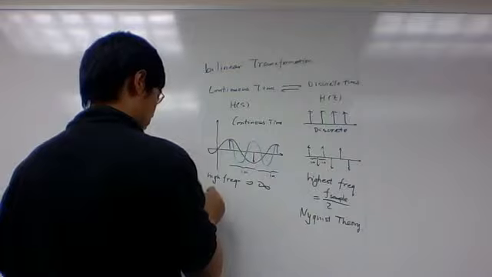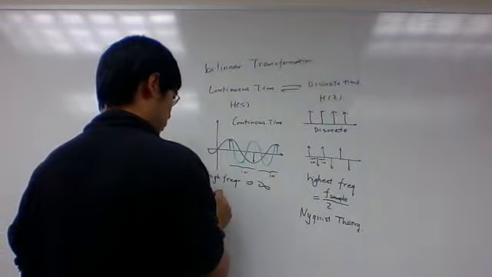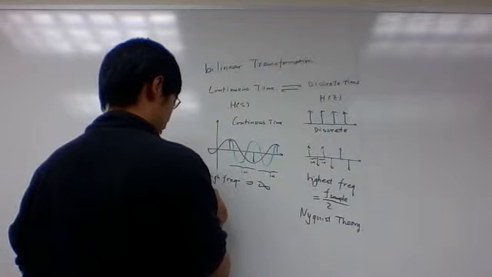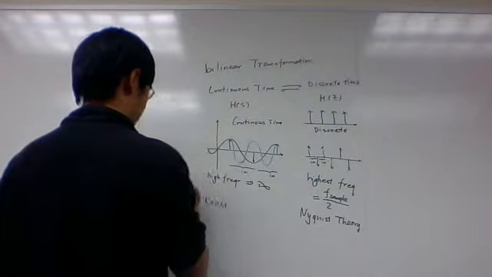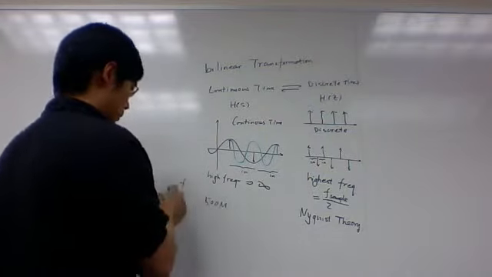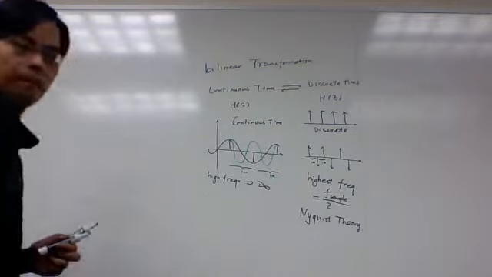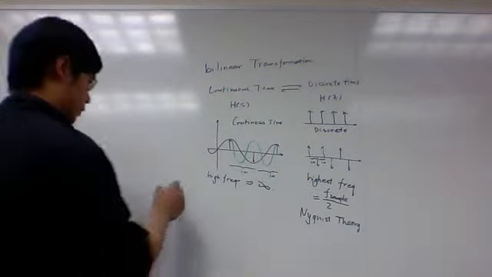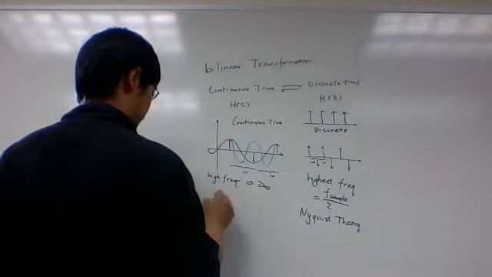So let's say your original frequency is 500 meg, and F sample is 1 gig.